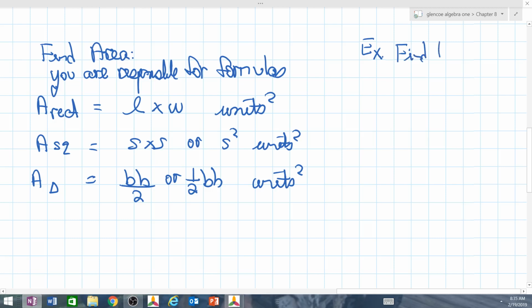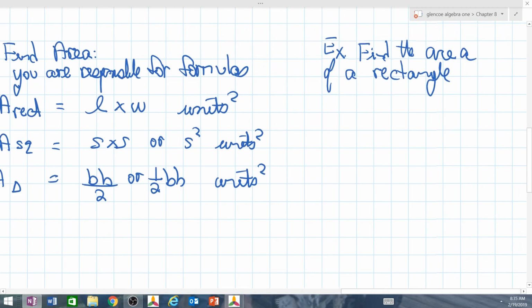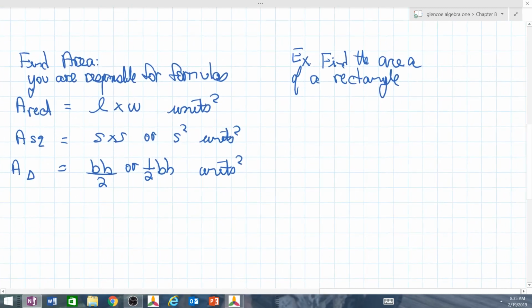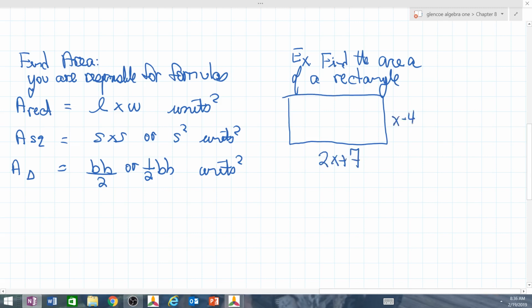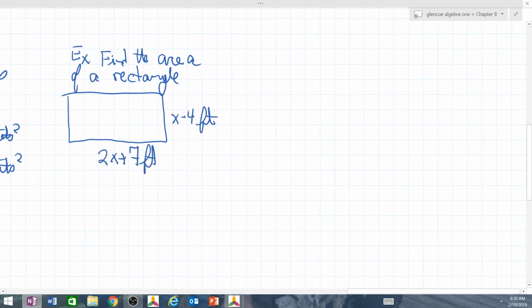And this works nicely. So let's look at our first example, finding the area of a rectangle. I'll leave those formulas up there in case someone needs them. Okay, so we want to find the area of a rectangle.